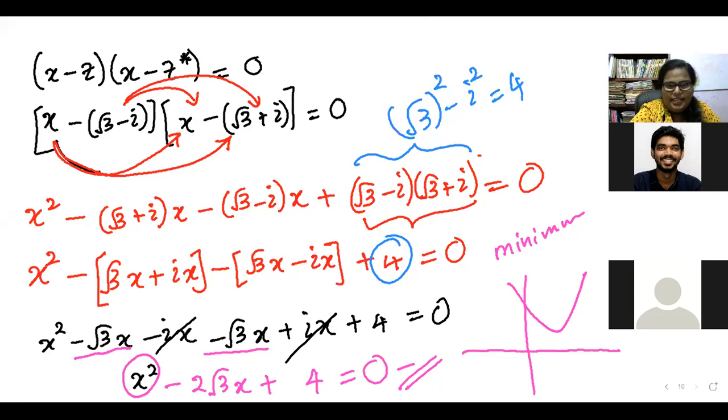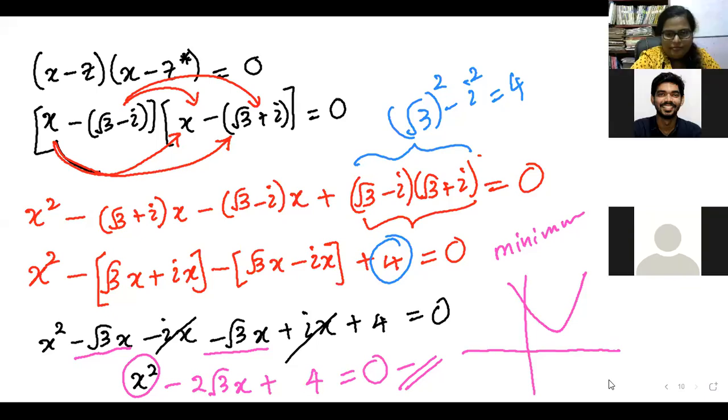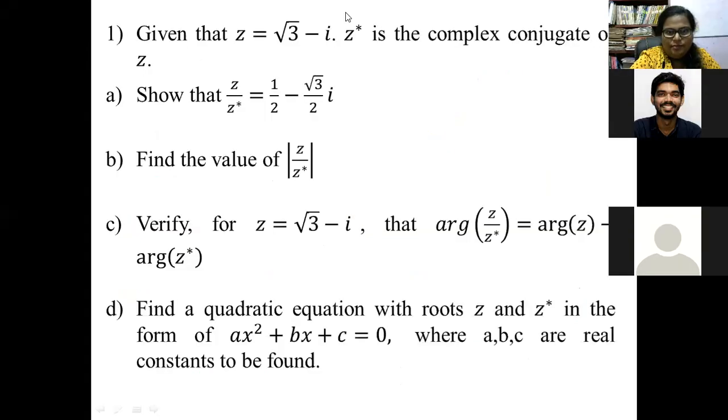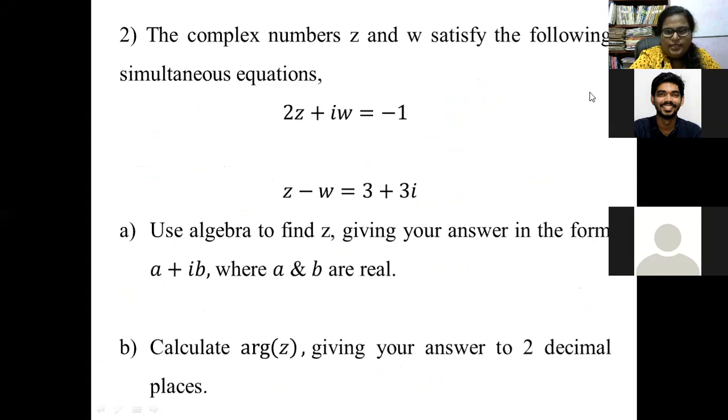Okay, we'll see the next question. Give me 1 second. Okay, Sandanika is saying yes. Then this is the second question here. Can you see the second question now on the screen?